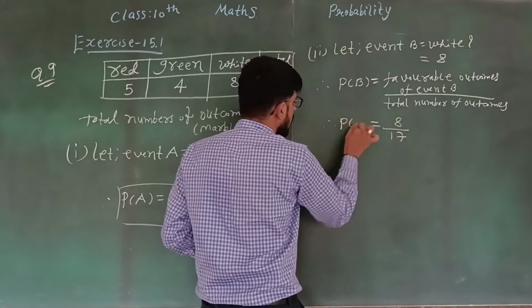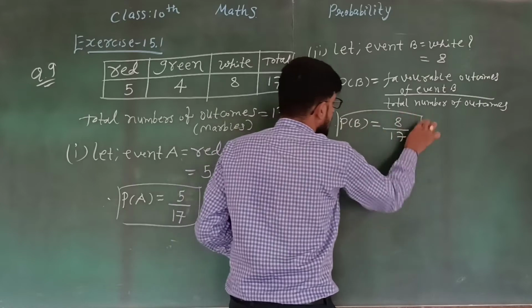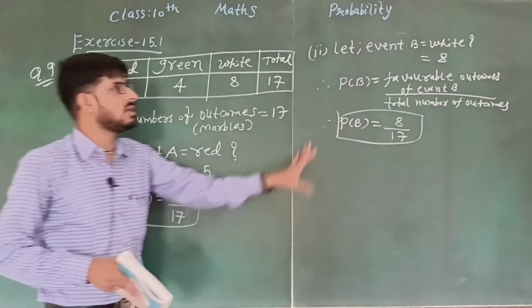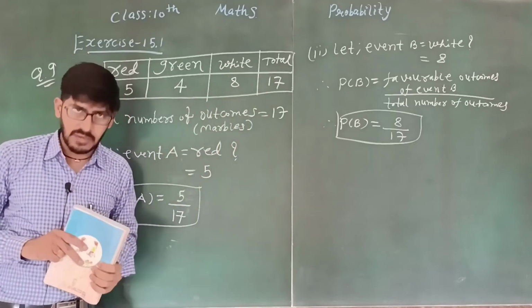So we get the probability of B is 8 by 17. It means the probability of a white marble in the bag is 8 by 17.